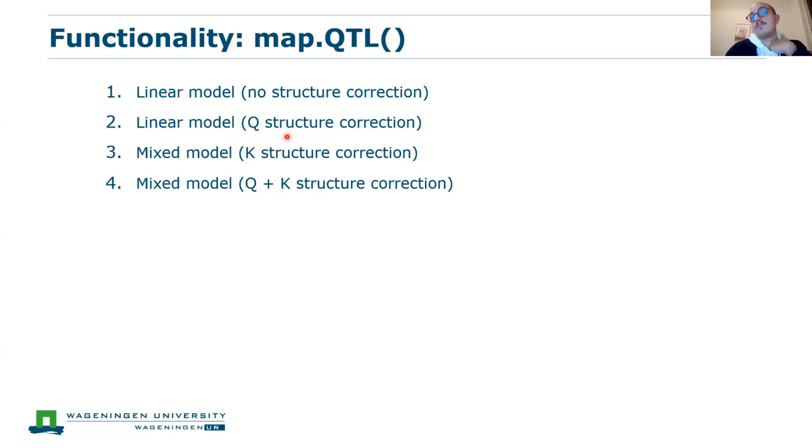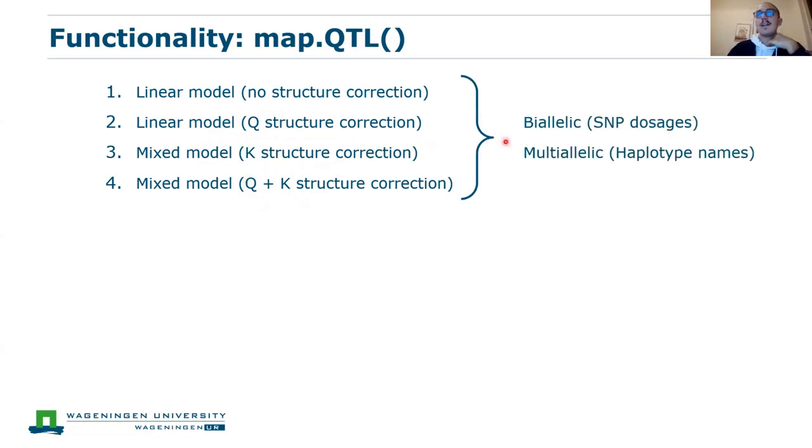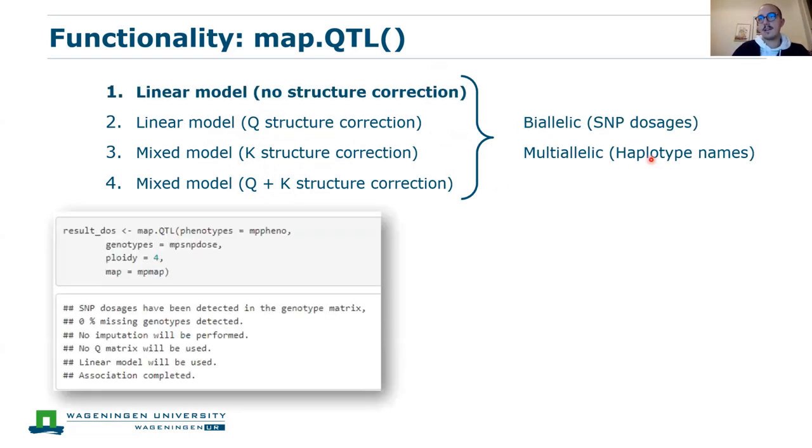Then there is the mixed model with K structure correction, or if you use both the Q term and the K term, it's called Q plus K. Common notation, but I don't know how accurate it is. In any case, all of these models can be run either in biallelic mode or in multi-allelic mode. It will run regardless, and it's very easy to change from one to the other.